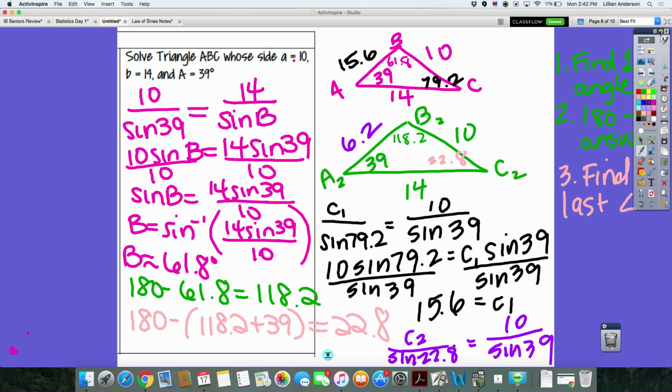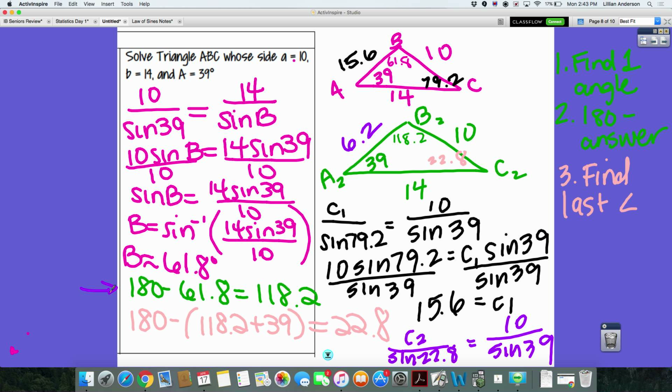So just to recap, when do you check for two triangles? Side angle. To determine if you have two triangles, you start by finding one of the angles. It'll be very obvious. Once you find that first angle, you subtract it from 180. That's what we did here.